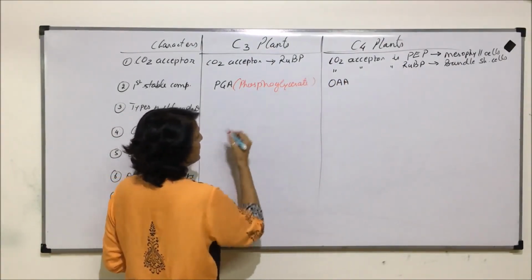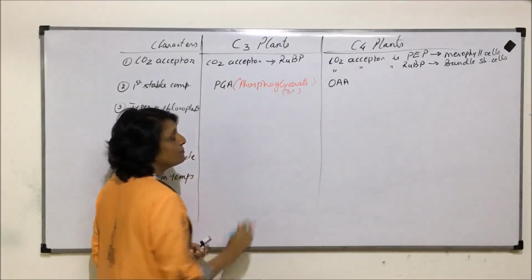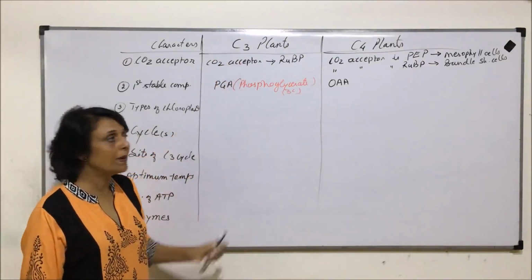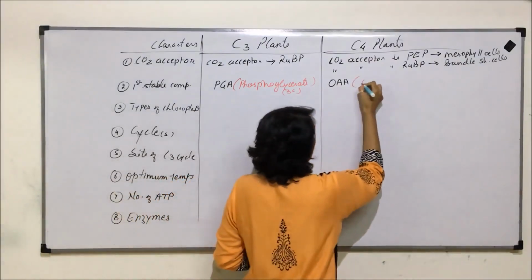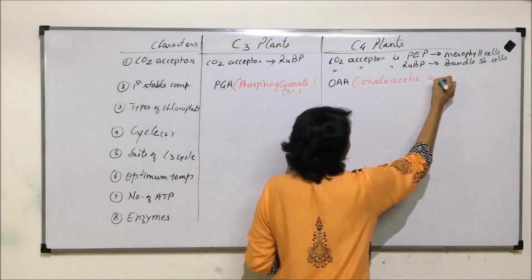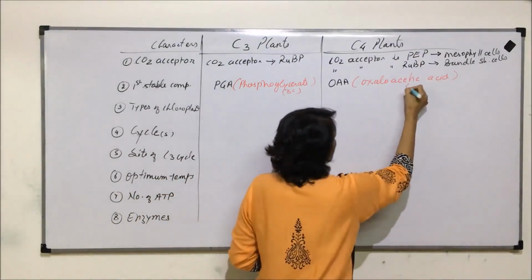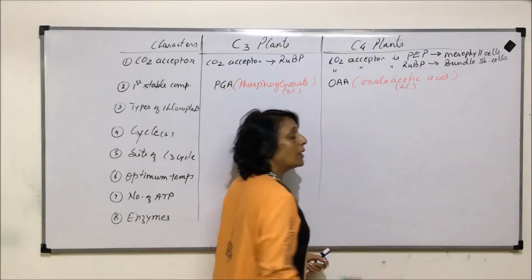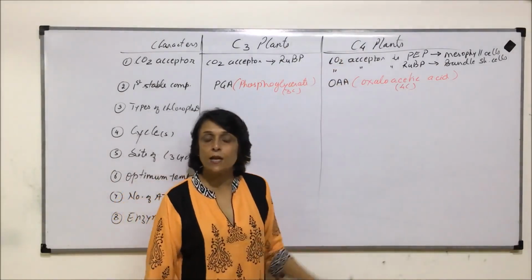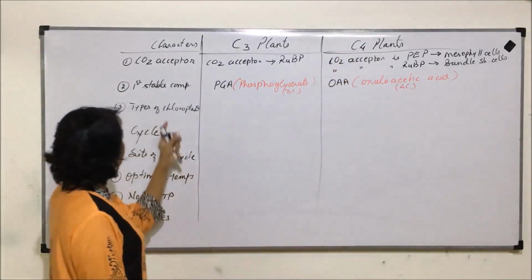Phosphoglycerate is a 3-carbon compound, and so the name of the cycle as well as the plants. Oxaloacetic acid is a 4-carbon compound, and so the cycle is also known as C4 cycle, and the plants are also known as C4 plants.